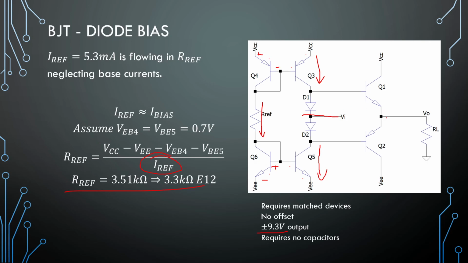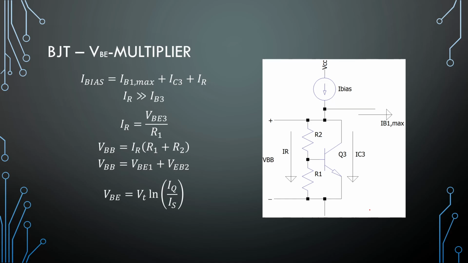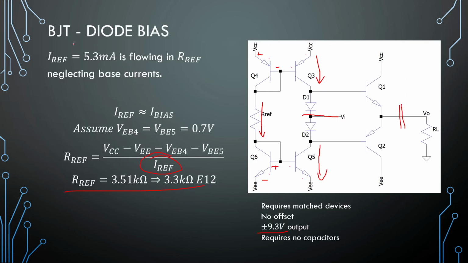Everything needs to be matched in this design for it to function properly, else you're going to sit with a lot of offsets here at the output. Okay, right, so note that there's no capacitor on the output, there's no capacitor on the input either. Okay, and that is it for the diode biases.